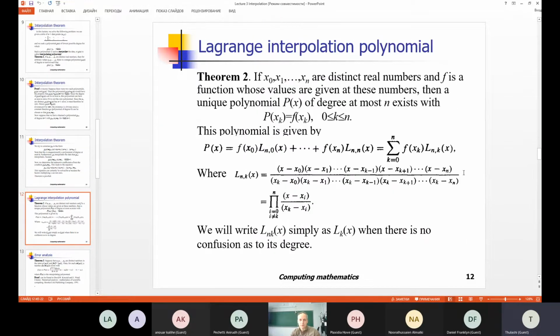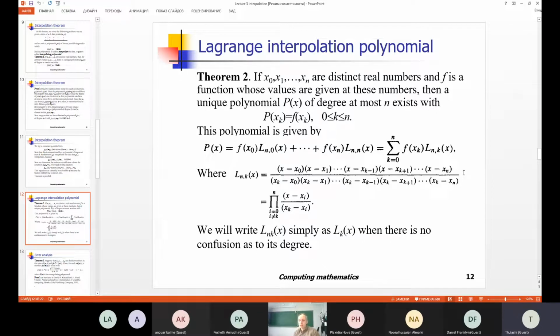And the answer is written here, in the form of the so-called Lagrange interpolation theorem, the Lagrange interpolating polynomial. Let me first read this theorem, and after that I will explain it.